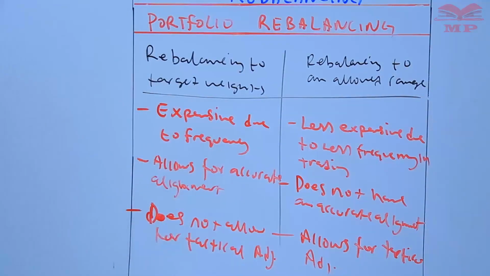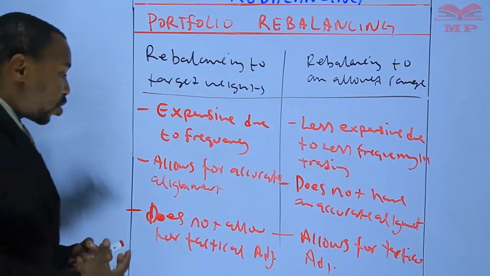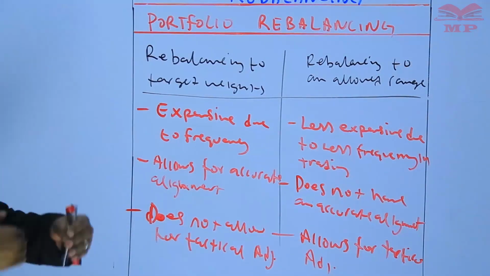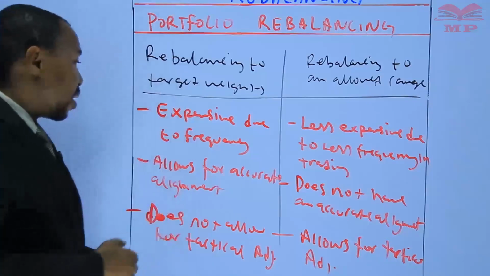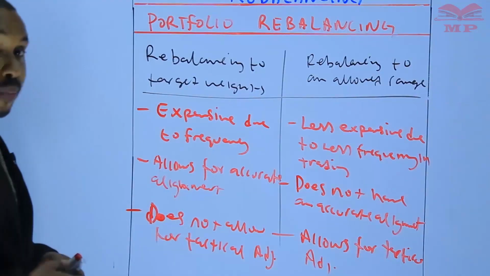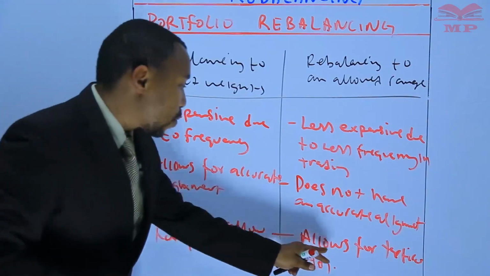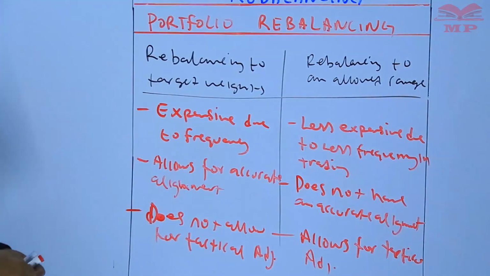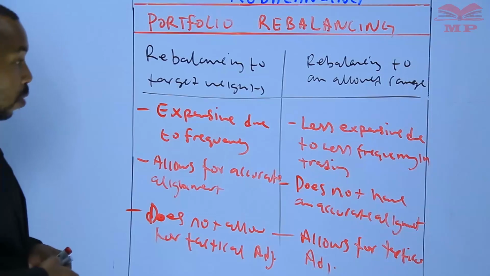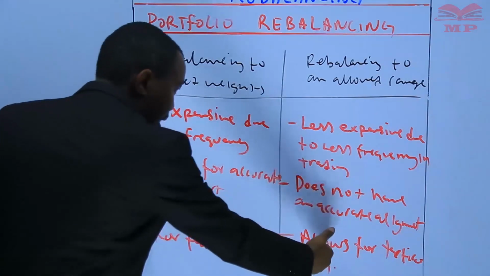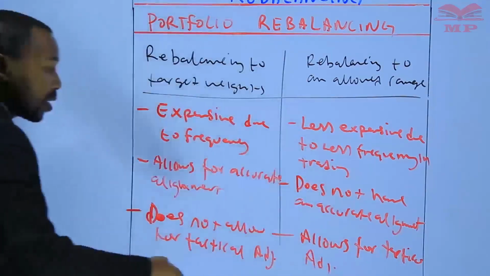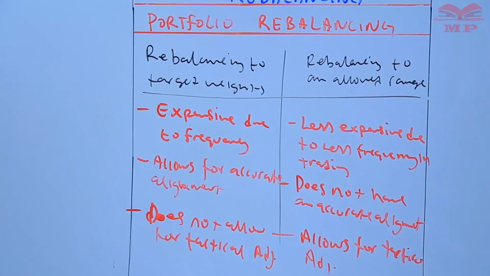What do we mean by that? The rebalancing to target weights can take effect on a frequent basis. The range approach is actually less frequent in terms of trading, but it allows for tactical adjustments quite a number of times.